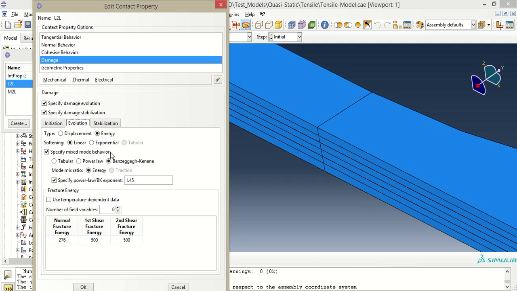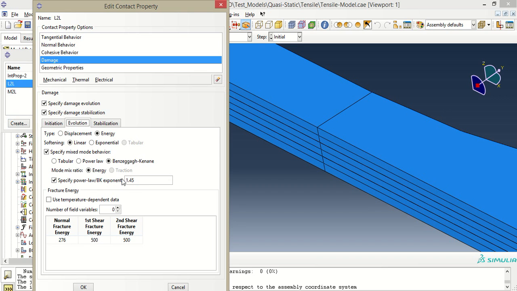This is mostly preferred because it makes mode 2 and mode 3 the same, which is the definition of the Benzeggagh-Kenane criterion, and it gives quite good results. This is the fracture energy under the load displacement curve of epoxy, and usually the other fracture energy is double the normal fracture energy. So you can count on that.